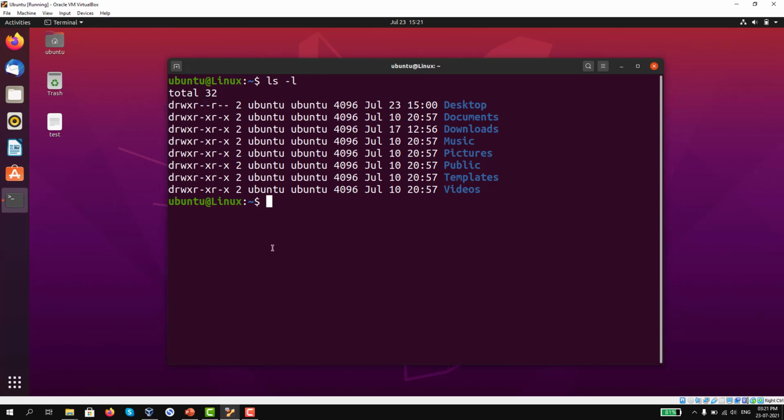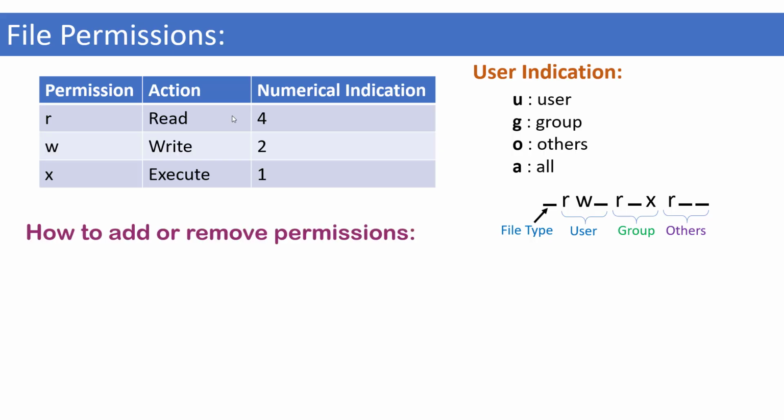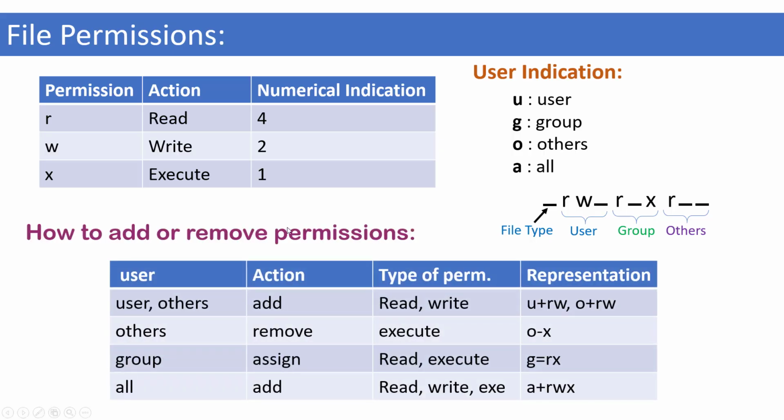And now let me show you how we can change these permissions based on our requirement, meaning adding permissions or removing permissions. Here I have created a table to represent them. The type of action I want to do: I want to add read and write permissions to user and others.